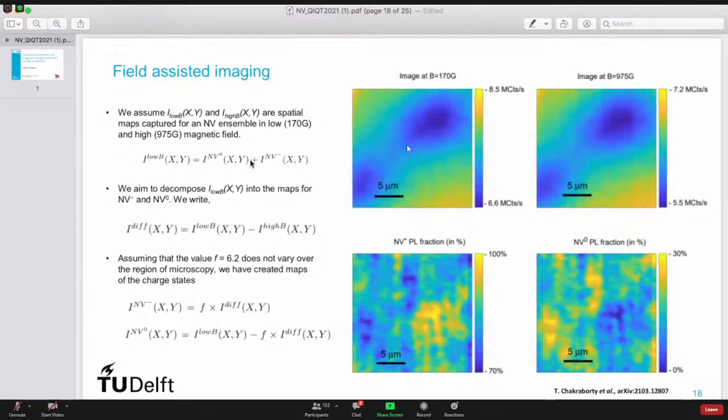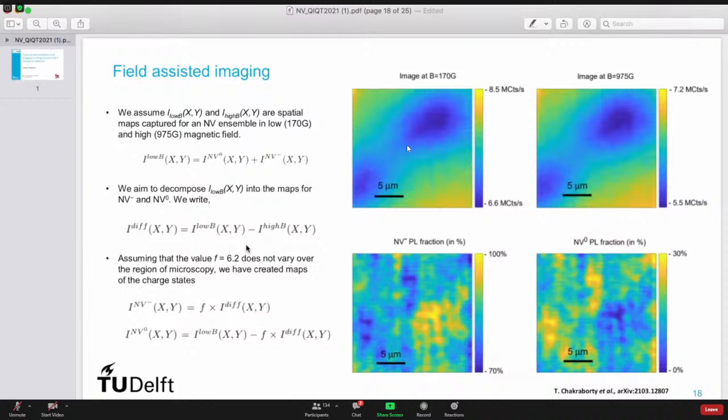Here we consider that under 532 green excitation, there is no other fluorescent center which contributes to the fluorescence. Now, since with magnetic field NV0 fluorescence doesn't change, what the difference gives us is only the change in the NV minus fluorescence.